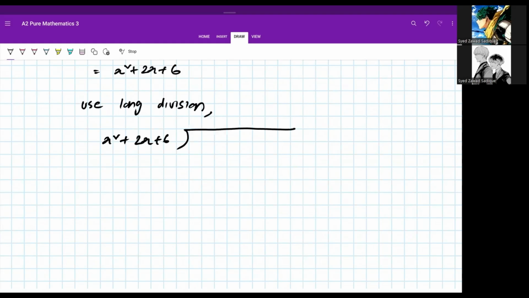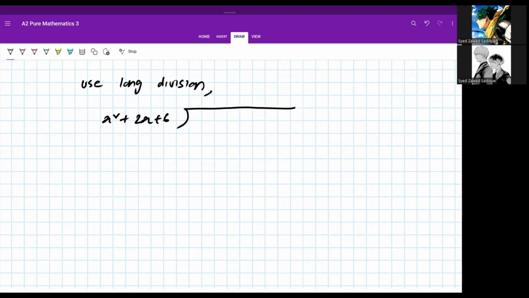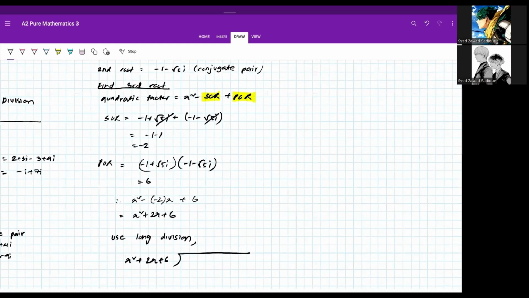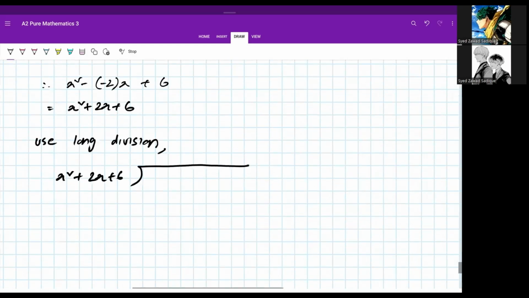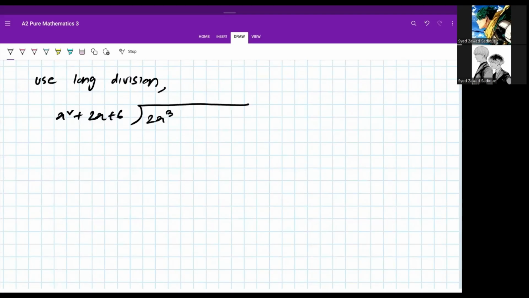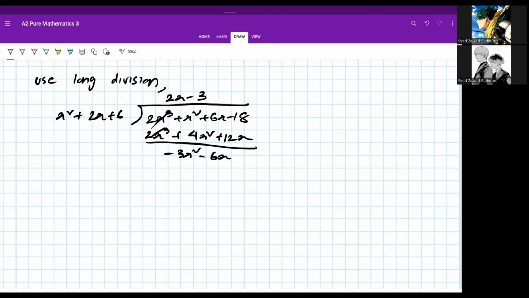Let's say we have 2x cubed plus x squared plus 6x minus 18, with the quotient 2x minus 3. 2x cubed plus 4x squared plus 12x, minus 3x squared minus 6x minus 18, which all cancel each other out.